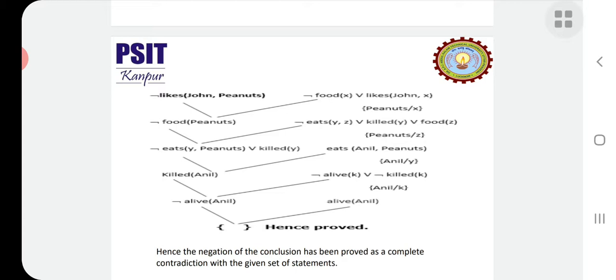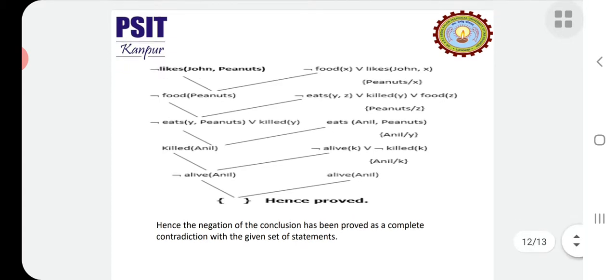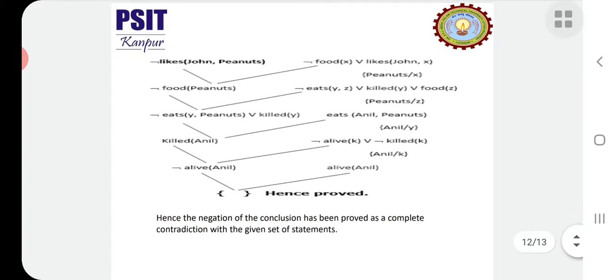Let's suppose your conclusion is in negation form. Yes, it is in negation form. So now you'll find the same statement, and that negation and that statement without negation cancel out. Let's suppose likes(John, peanuts) is the statement you have to prove.